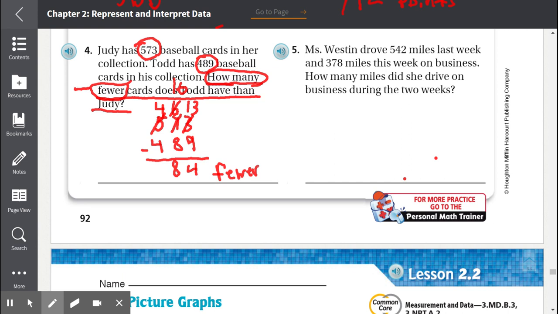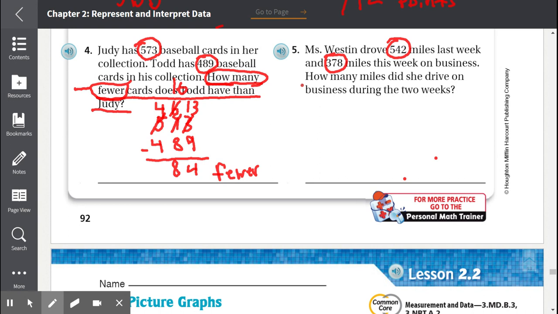Number 5. Miss Weston drove 542 miles last week and 378 miles this week on business. How many miles did she drive on business during the 2 weeks? So we're going to circle our important numbers, 542 and 378.